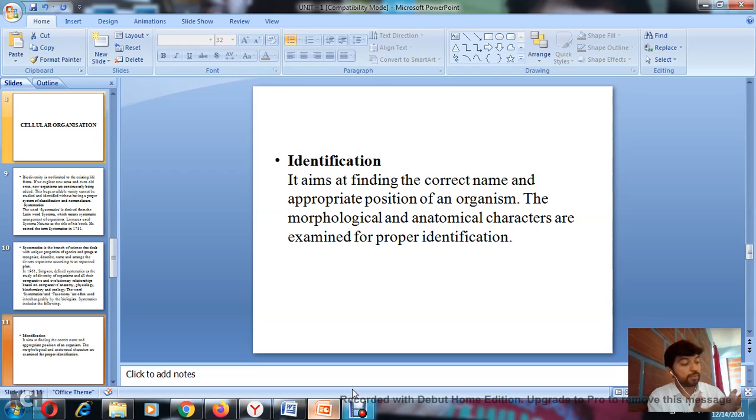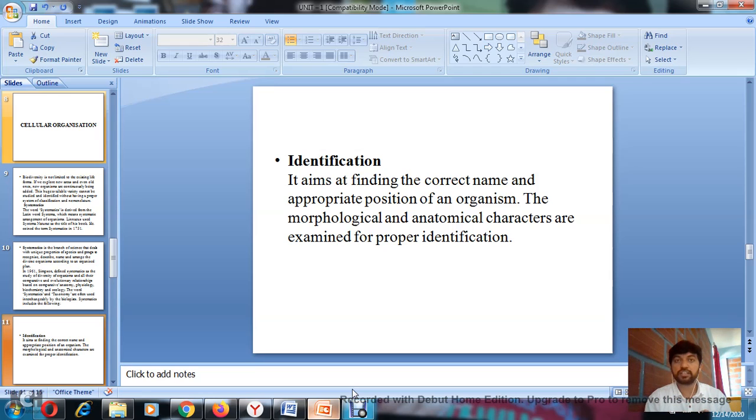And by making a comparative study of the characteristics of a particular family, we check whether the identified organism possesses the same characteristics or not. And the appropriate position of an organism, like whether the identified organism belongs to the Monerian kingdom, the Mycota kingdom, or else the Plantae, Animalia or Protozoa, right?